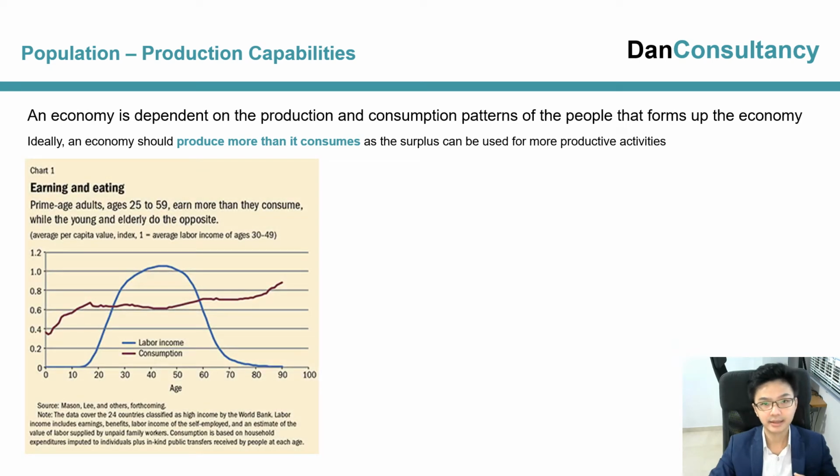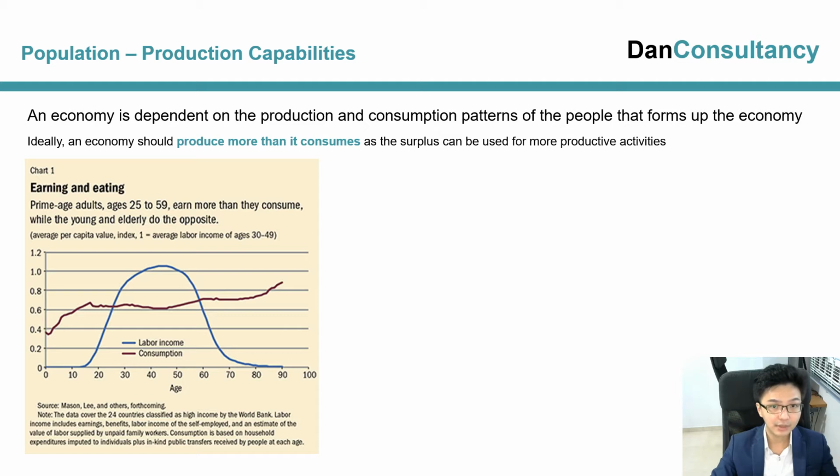The problem here is that an economy is dependent on the production and consumption patterns of the people that form up the economy. And with any given human being, our production capabilities decrease with age, while our consumption patterns tend to remain stable across our lifetime, right?